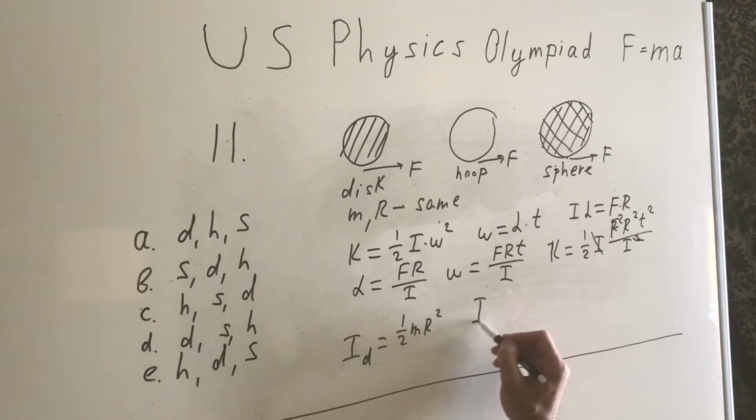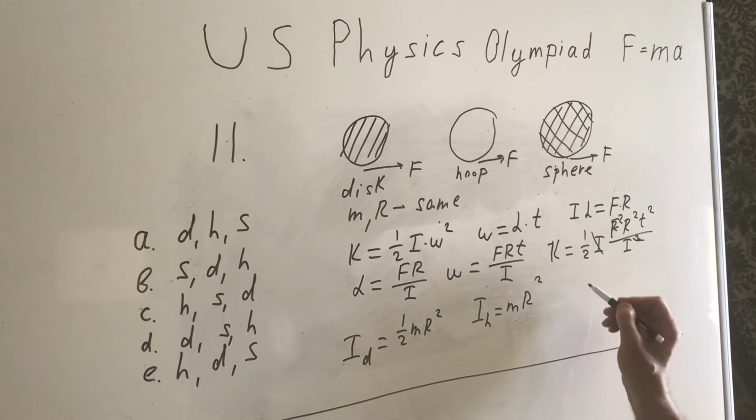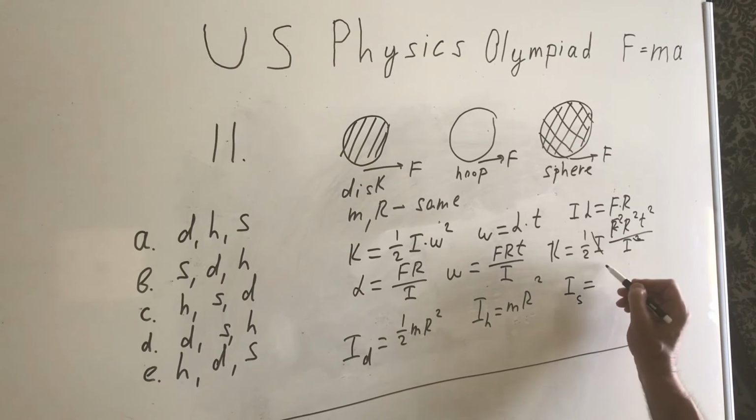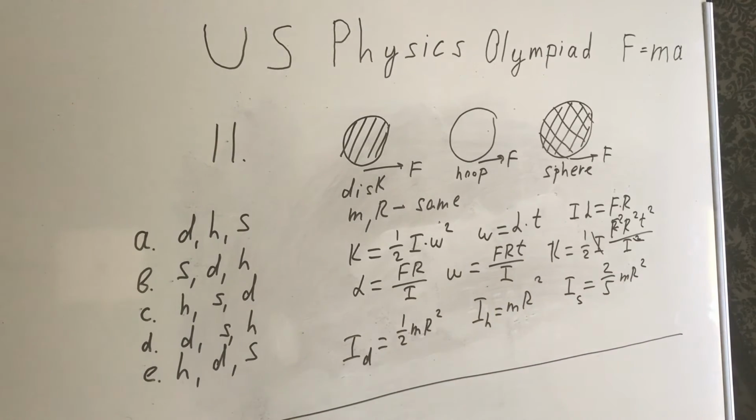For the hoop we have m r square, and for the sphere we have I sphere equal 2/5 m r square. So the least I is for the sphere, the greatest I is for the hoop, and the disk is in the middle. So it means that the hoop has the least kinetic energy, the disk is next, and the sphere has the greatest kinetic energy. So that's the correct answer.